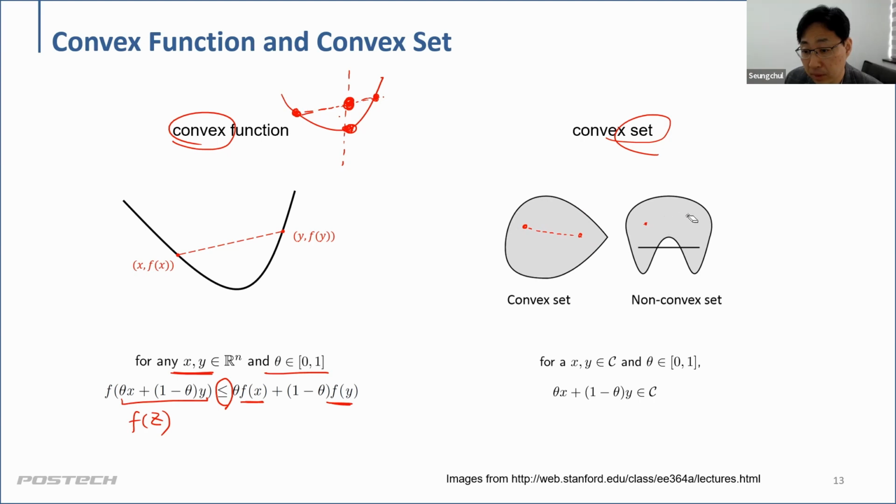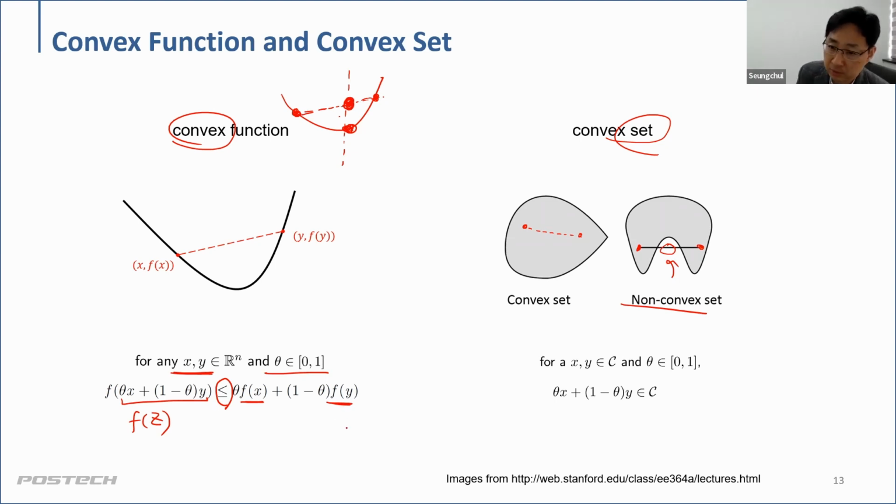But if we have two data points here, these data points are outside. It does not include it. It's not within the set, so it's outside. We call it a non-convex set.